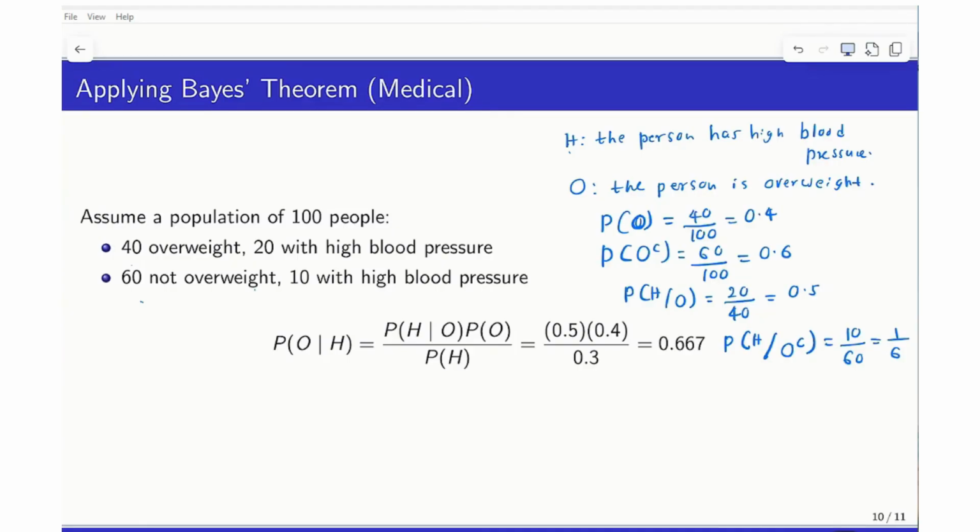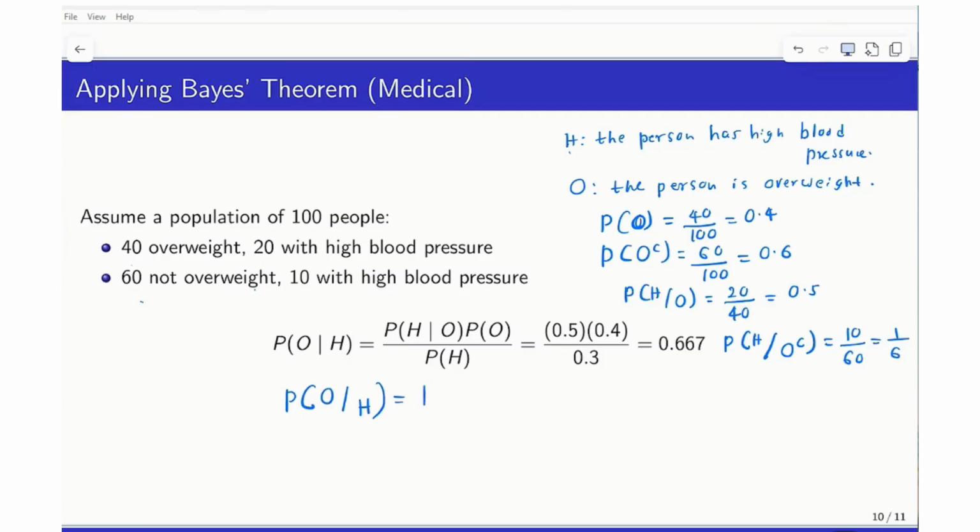This is our goal. Finally, find the probability that a person is overweight given high blood pressure. How can we find it?